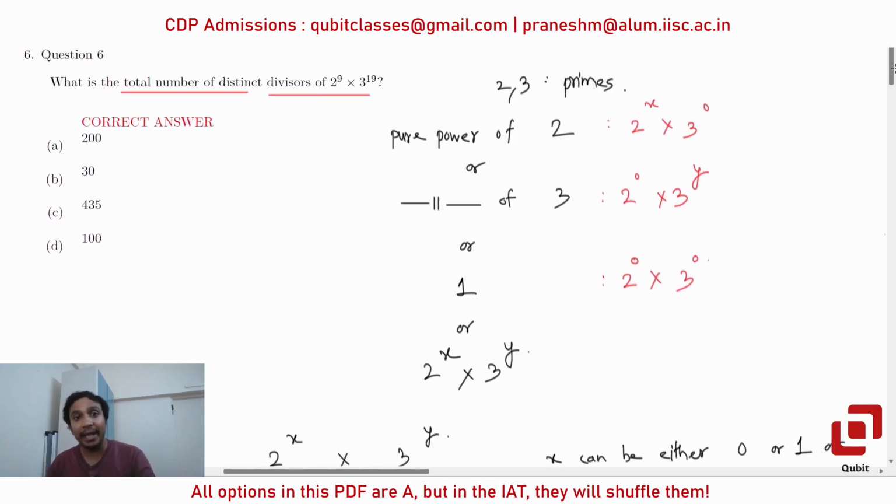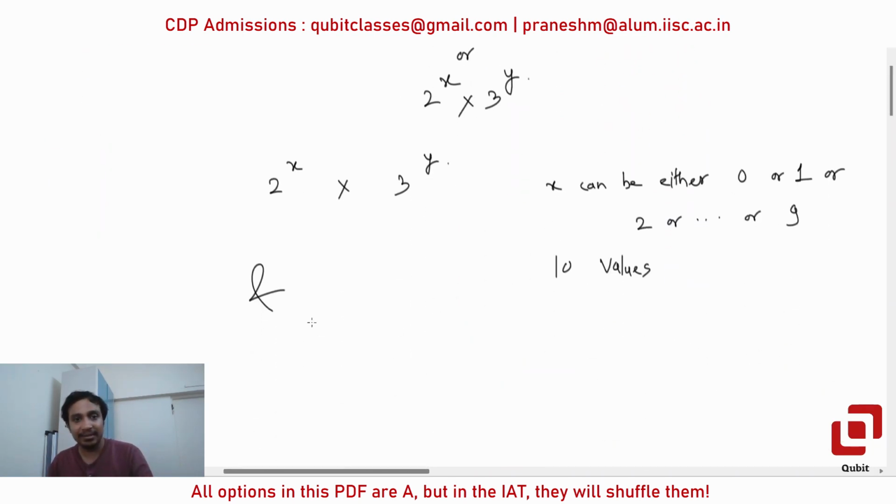Similarly, what about y? The largest power of 3 is 19. So I can say y can either be 0 or 1 or 2 or up to 19. So how many distinct values can y have? 20 values.